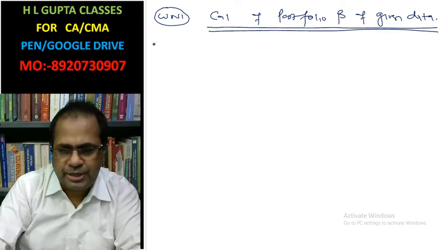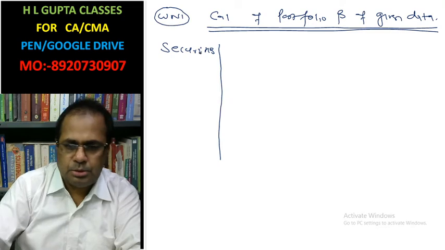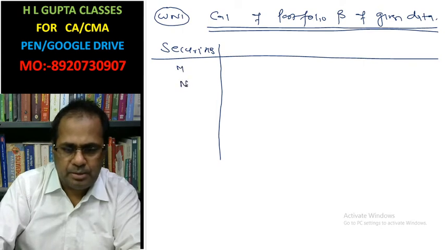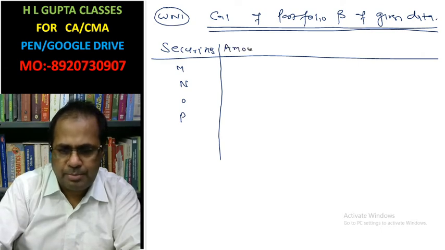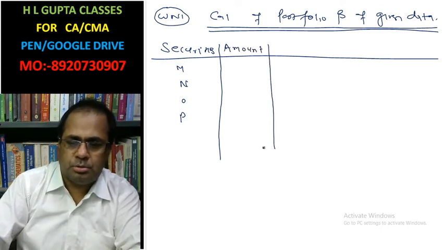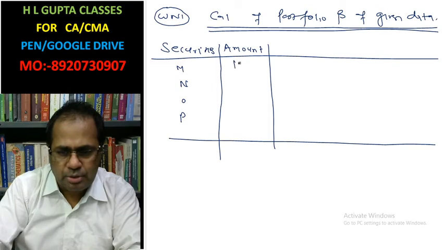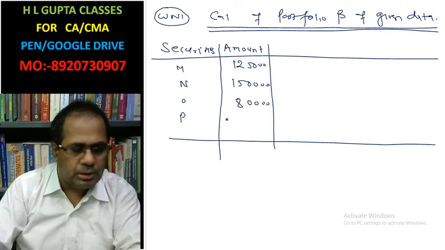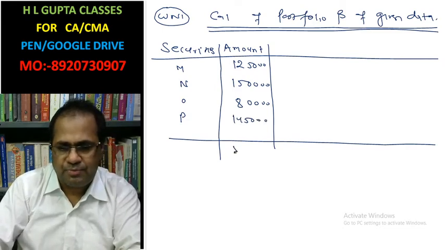Here you have the securities M, N, O, P and the amount invested: 1,25,000, 1,50,000, 1,80,000, and 1,45,000. The total amount you have invested is rupees 5 lakh.